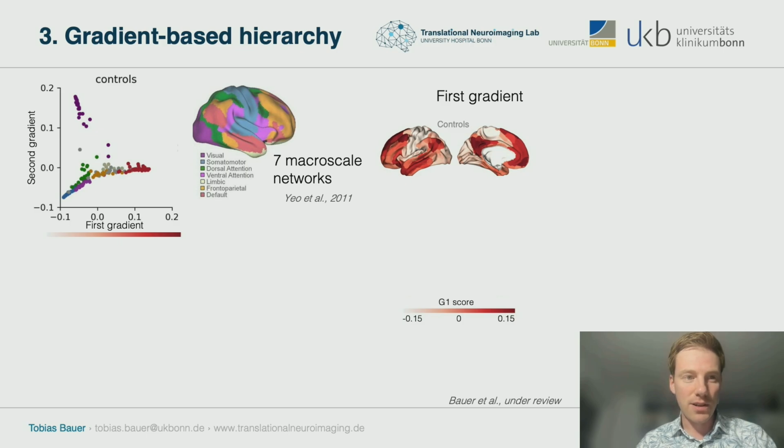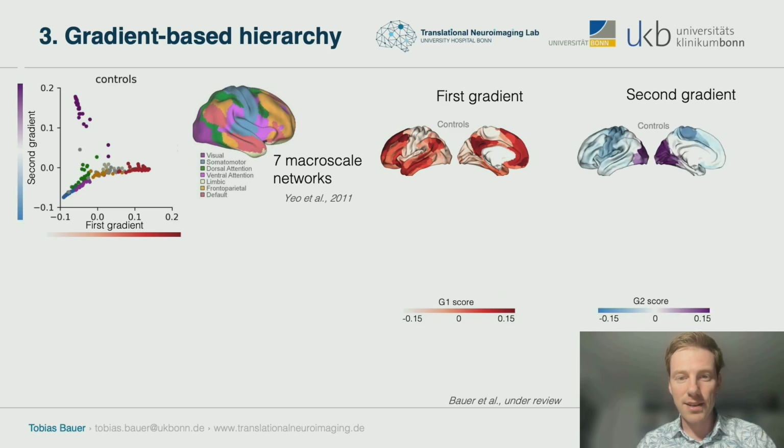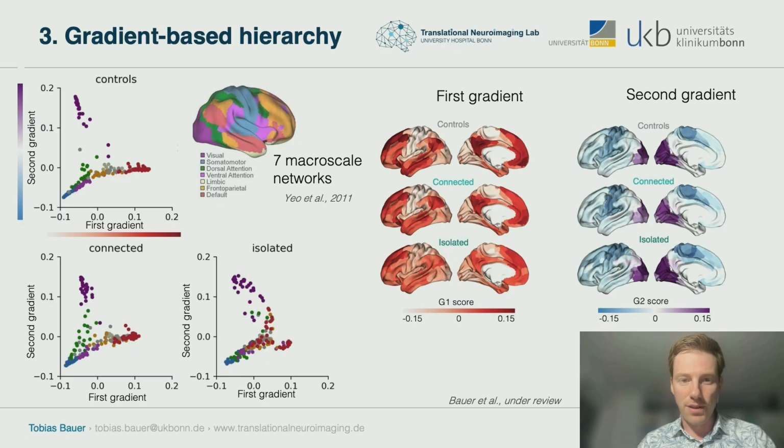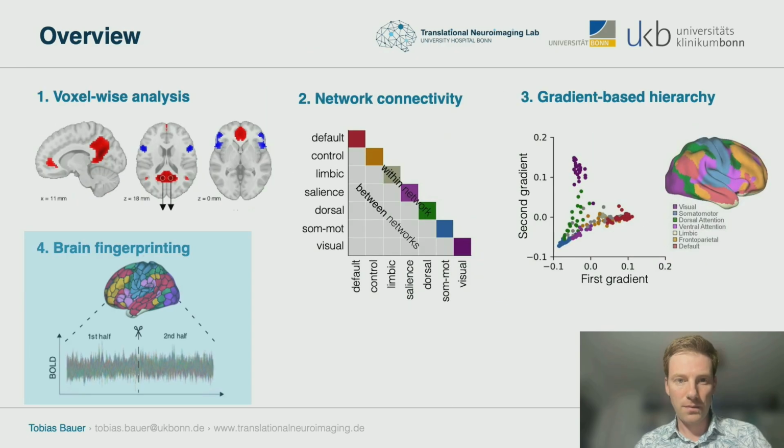Whereas the second organizational axis, or the second gradient, in controls ranges from the somatomotor to the visual network. When we did the gradients also for connected and isolated hemispheres, basically what we can observe is that the pattern itself looks very similar to the control hemispheres, for the connected hemispheres, but also for the isolated hemispheres.